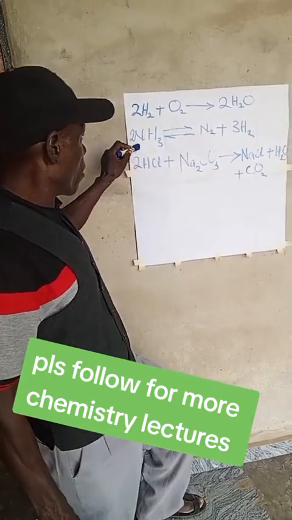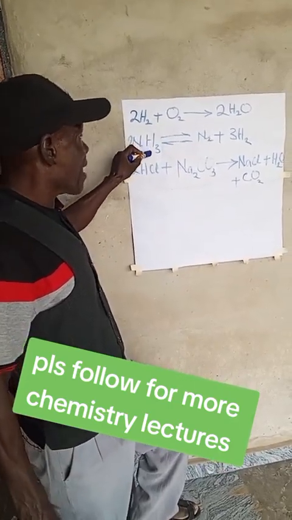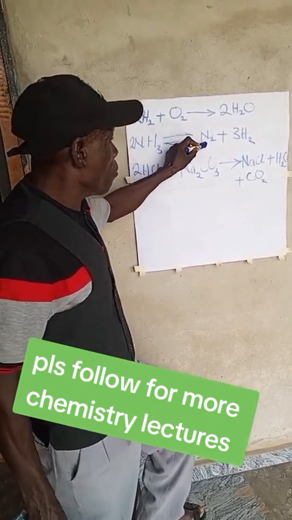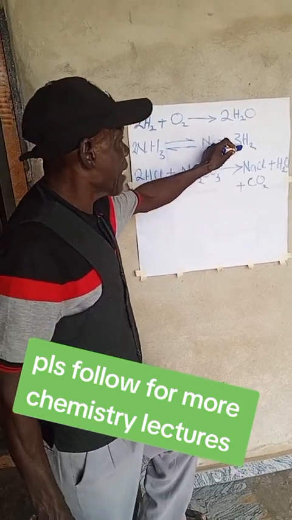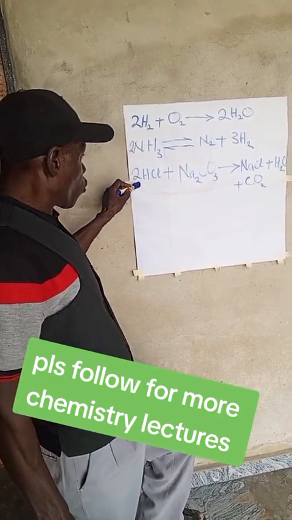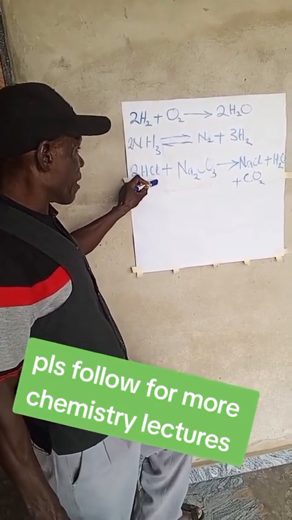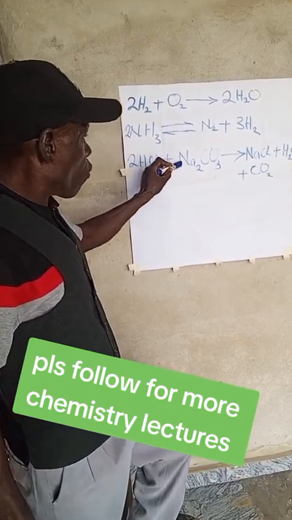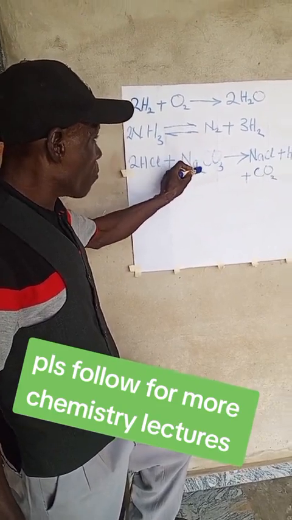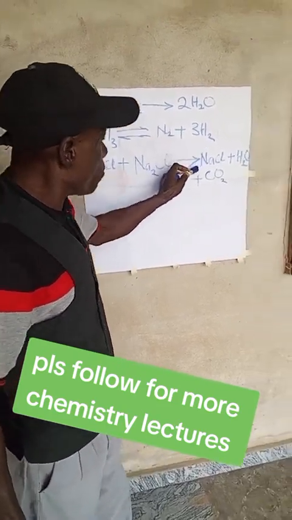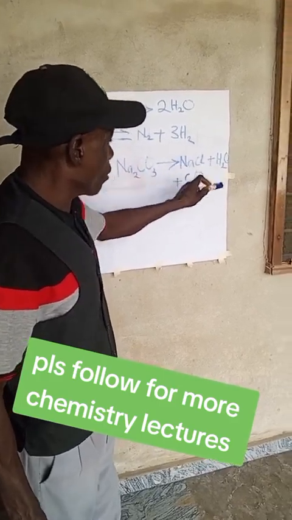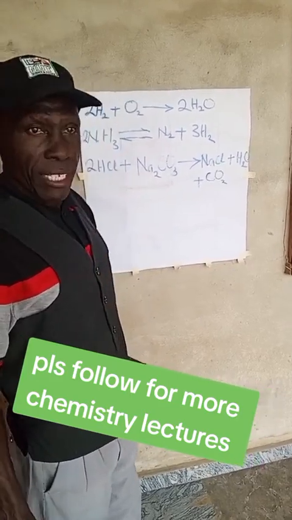In the second case, it means 2 volumes of ammonia gas decomposed to produce 1 volume of nitrogen gas and 3 volumes of hydrogen. The third one says 2 volumes of hydrochloric acid reacted with 1 volume of disodium trioxocarbonate(IV) to produce 1 volume of sodium chloride, 1 volume of water, and 1 volume of carbon dioxide.